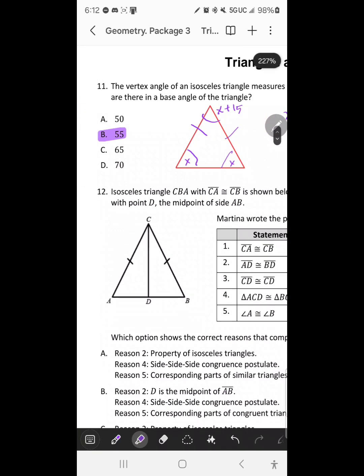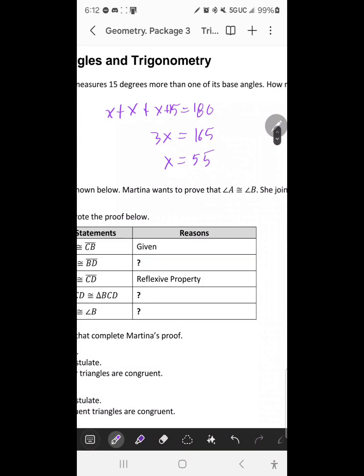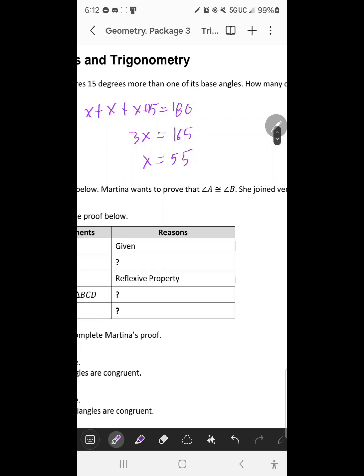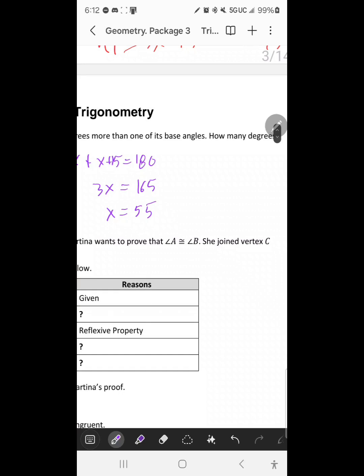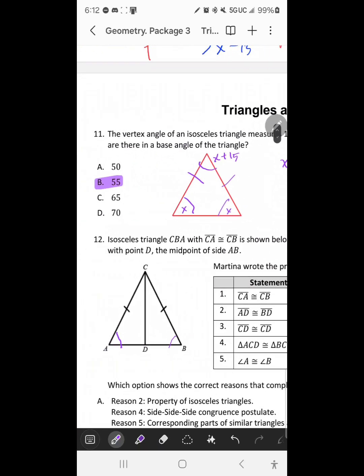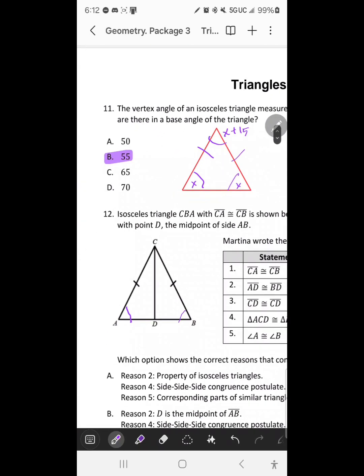Now 12. Isosceles triangle CBA with CA congruent to CB, which is displayed right here, is shown below. Martina wants to prove that angle A is congruent to angle B. She joined vertex C with point D, the midpoint of side AB.